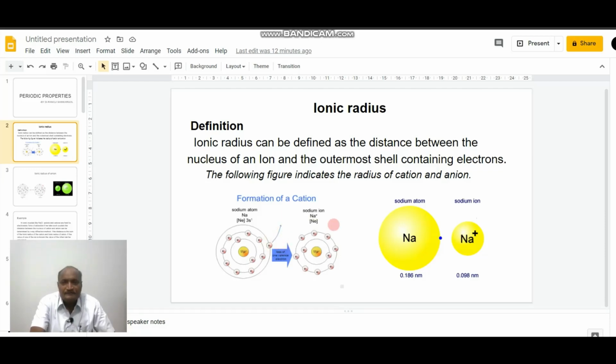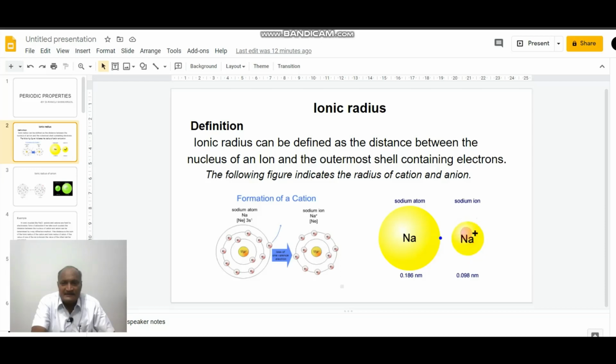So here this is the neutral sodium atom having 11 electrons. Out of these 11 electrons, one electron is in the valence shell. After the removal of this valence electron, the neutral sodium atom forms a sodium cation. This is the sodium cation.